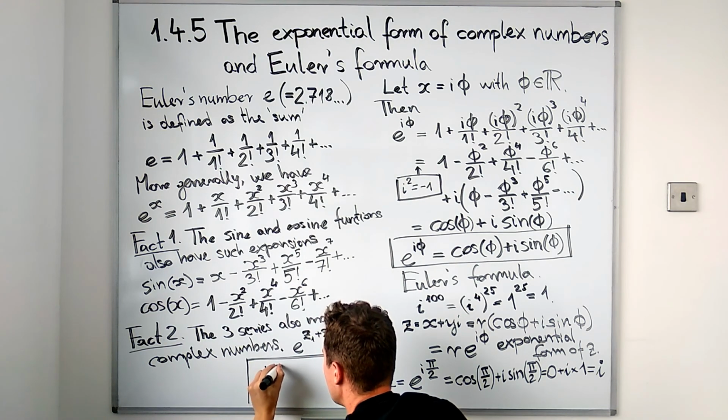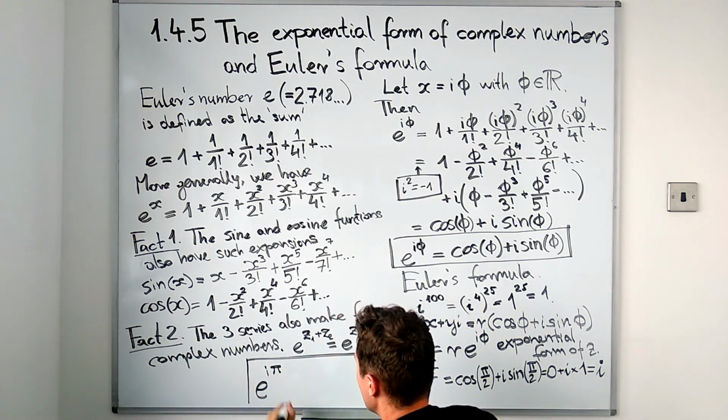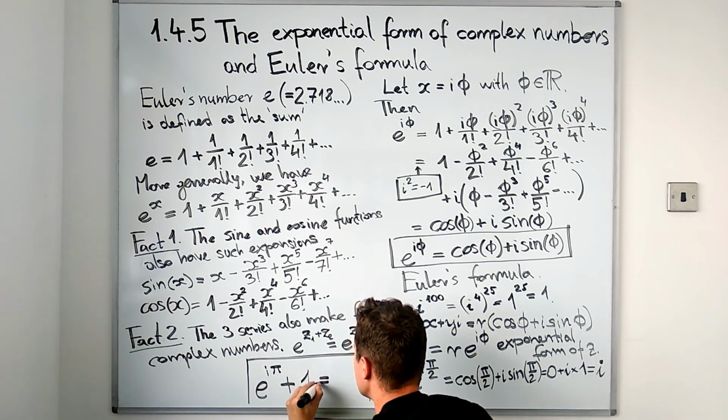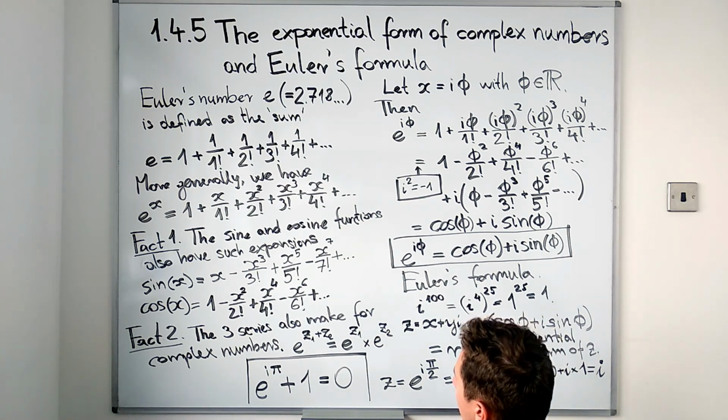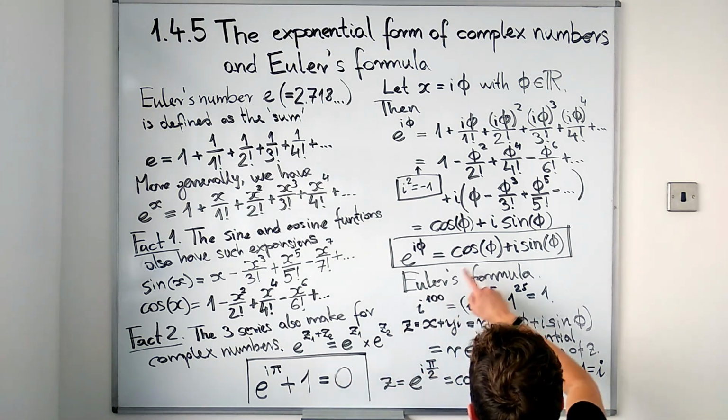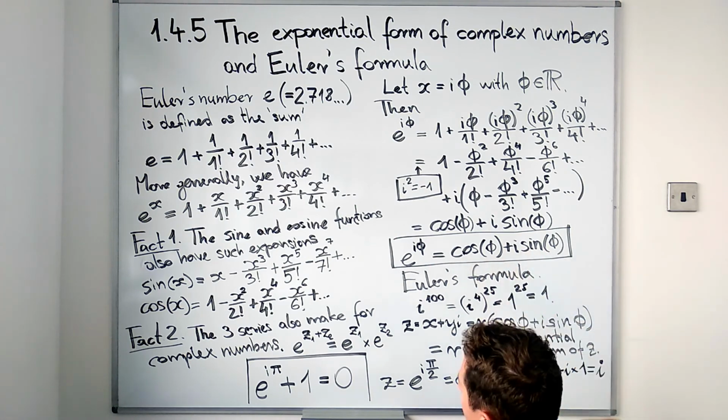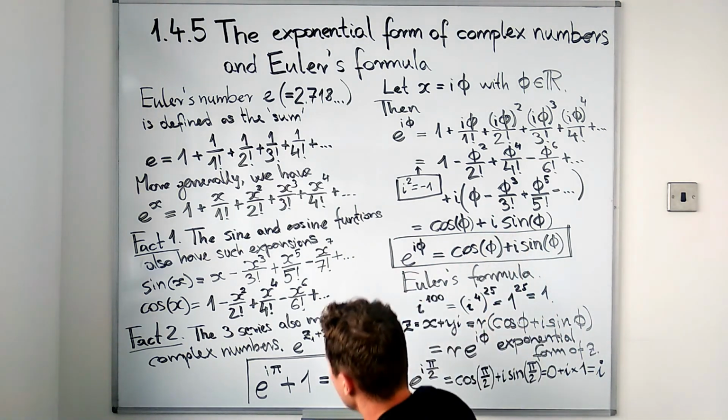You get e to the pi I plus 1 equals 0. This is Euler's identity, and according to many people, this is the most beautiful formula in mathematics. You get it by replacing phi by pi there and rearranging that equality.